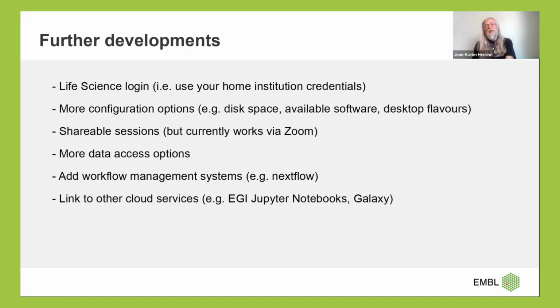And something we might want to look into at some point is to further expand interoperability with other cloud services. It's not inconceivable that we could exchange tokens, for example, with the EGI Jupyter Notebook service or with public Galaxy servers. Those would be things that we could do.